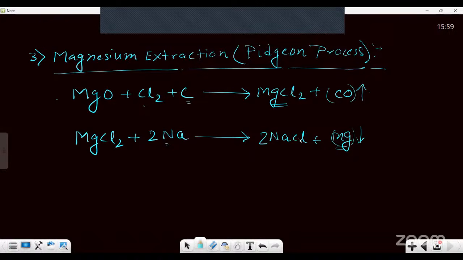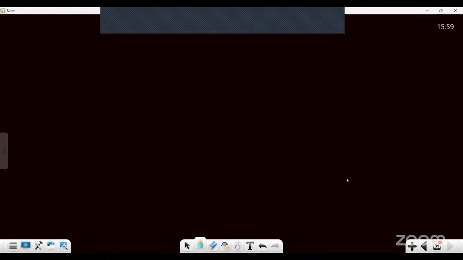So this was mainly our discussion about the pyrometallurgical routes. Now we move to a very, very important metallurgical route, which is hydrometallurgy. This is also something which we need to discuss, and it is very important.